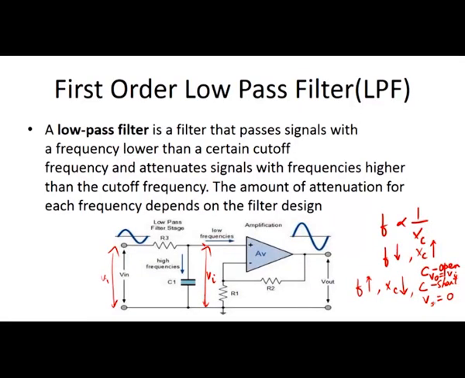This is why the R and C components in the filter stage are connected this way: the resistor in series with the input voltage, and to the other end of the resistor the capacitor is connected in shunt. So, this is the setup of the low pass filter.